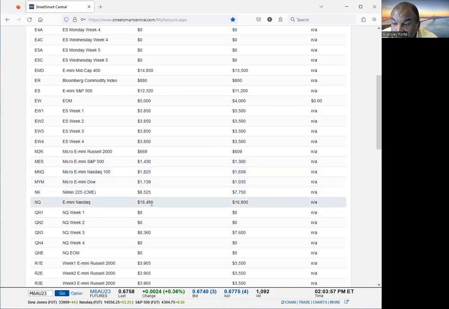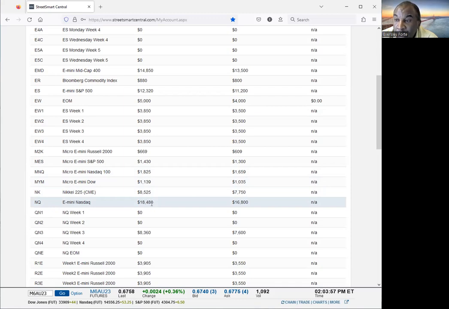With the NASDAQ, 1 point is $20 on the full size contract, and on the micro, 1 point is $2. Let's say your stop loss was 100 points on the full size contract.